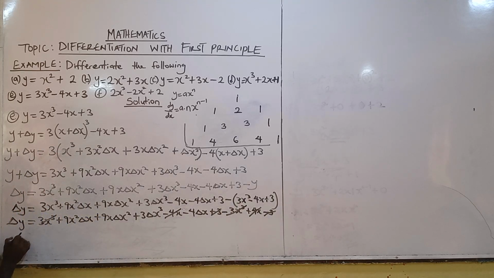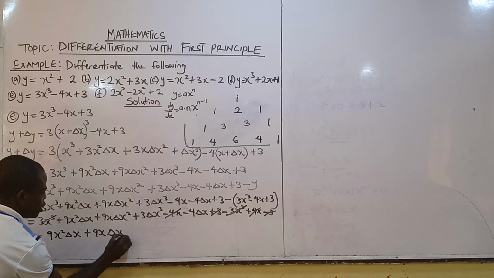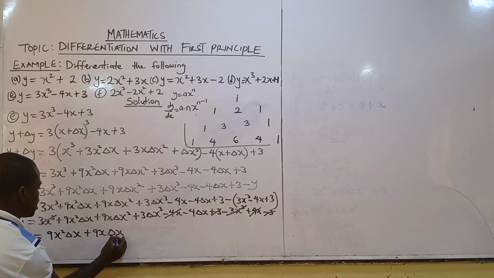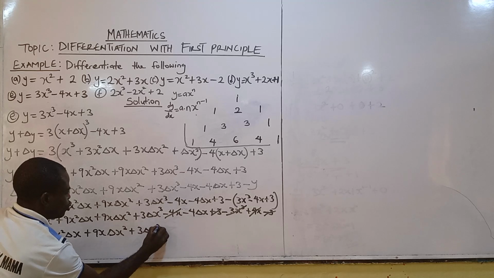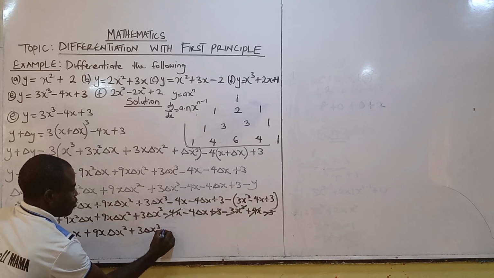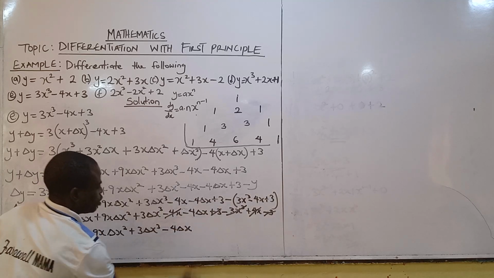We are left with dy equals 9x squared dx plus 9x dx squared plus 3 dx cubed minus 4 dx.